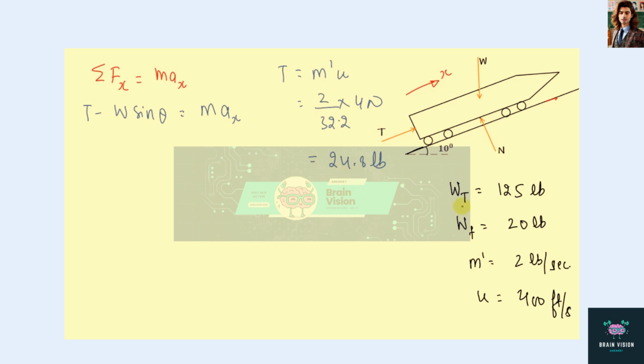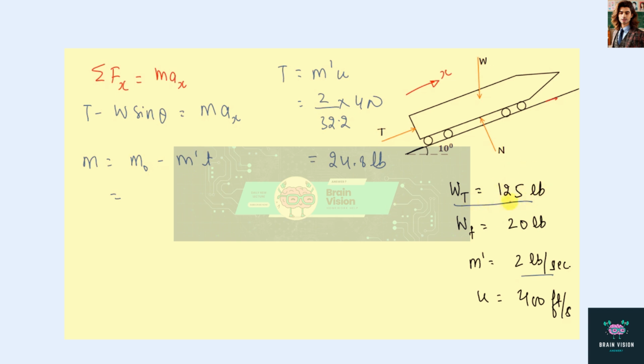Now this is the initial weight of the rocket, but since the fuel is burned at a constant rate of 2 pound per second, the weight would be reducing as a function of time. So let us calculate the mass of the rocket as a function of time. It would be m naught minus m dot t, where m naught is the initial mass.